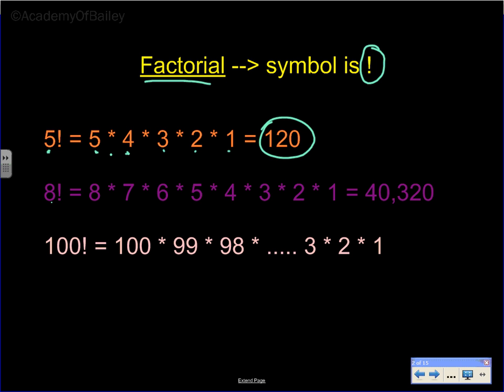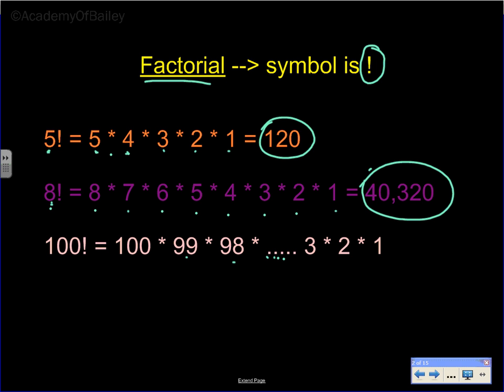If you're looking at 8 factorial, that would be 8 times 7 times 6 times 5 times 4 times 3, 2, and 1, which is 40,320. That's what we mean by a factorial. If you had 100 factorial, it's 100 times 99 times 98, and I'm not going to say all the numbers; that's what dot dot dot means.